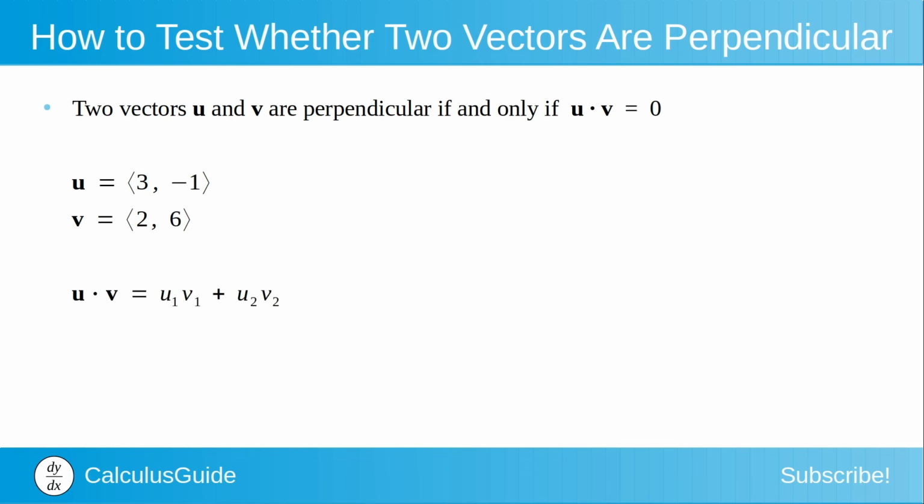For this example, u1 is equal to 3, v1 is equal to 2, u2 is equal to minus 1, and v2 is equal to 6. 3 multiplied by 2 is 6, minus 1 multiplied by 6 is minus 6, and 6 minus 6 is equal to 0. Because the dot product of u and v equals 0, this means that these vectors are perpendicular.